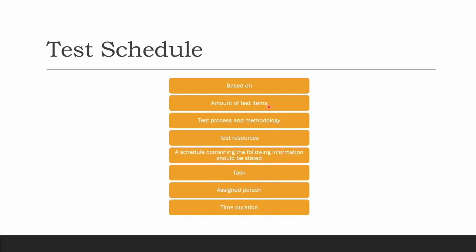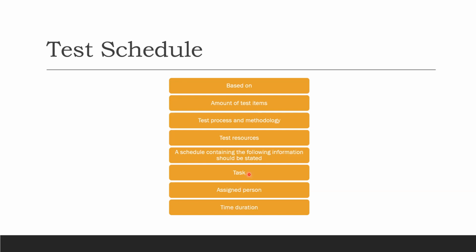So for example, based on the amount of items that I'm testing. If I'm going to run the smoke test, smoke test being a task, the assignee would be Lisa, sorry, I think Maria. Maria is going to take so and such time to complete this.